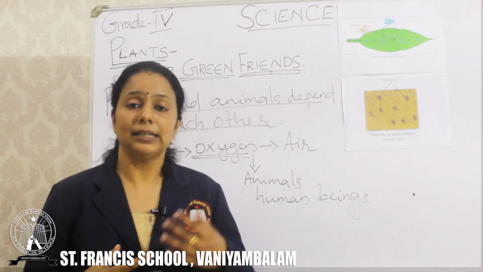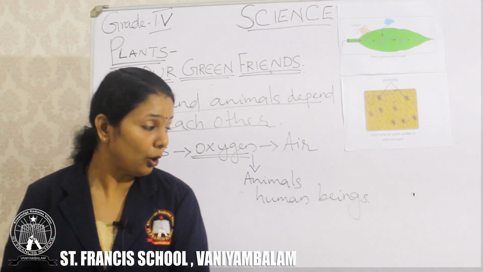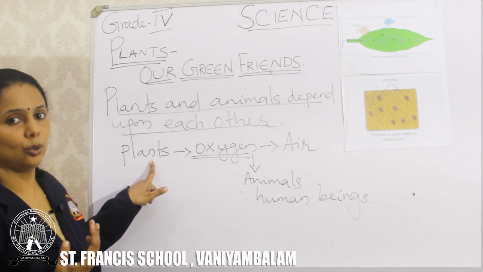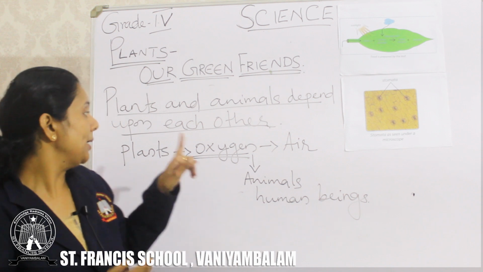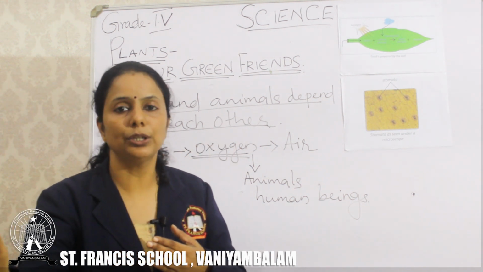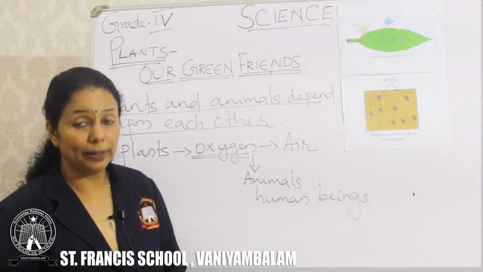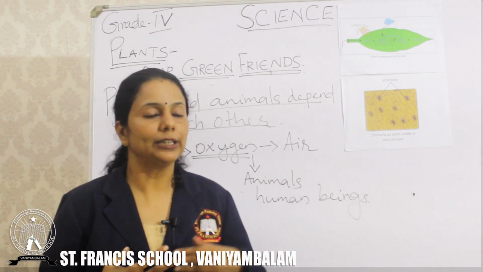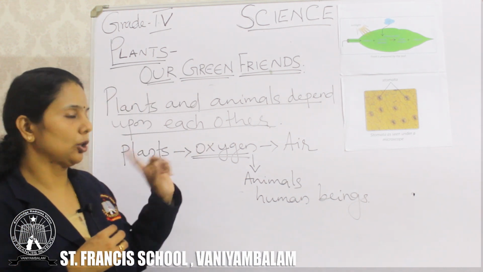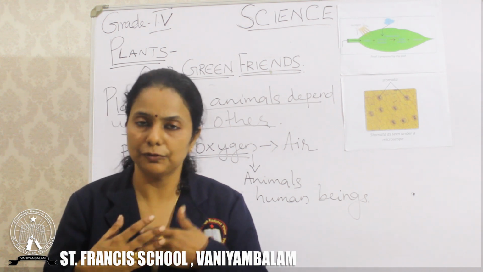About that you will learn in higher classes. So for breathing in, we need what? Oxygen gas. And who produces oxygen? Plants. During photosynthesis, plants produce this oxygen, and this oxygen is released out into the atmosphere, and that oxygen is needed for animals and human beings for breathing. So without plants we cannot survive. Plants produce this oxygen, and that oxygen is needed for our respiration or for our breathing.